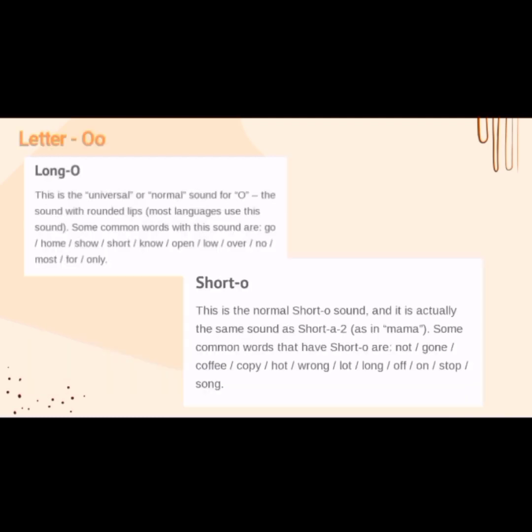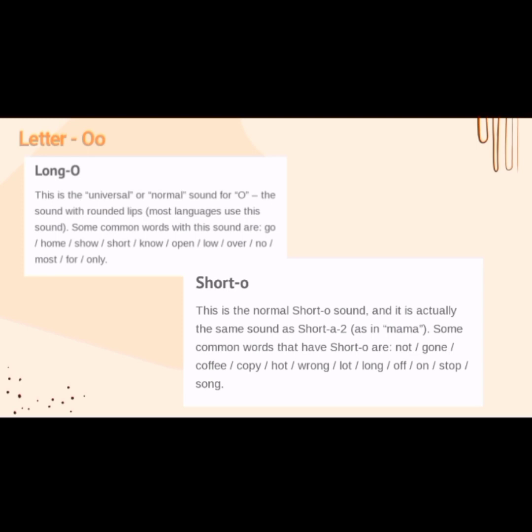The next vowel letter is the letter O. Letter O has three sounds: the long O sound, the short O sound, and the short O2 sound. First is the long O sound.